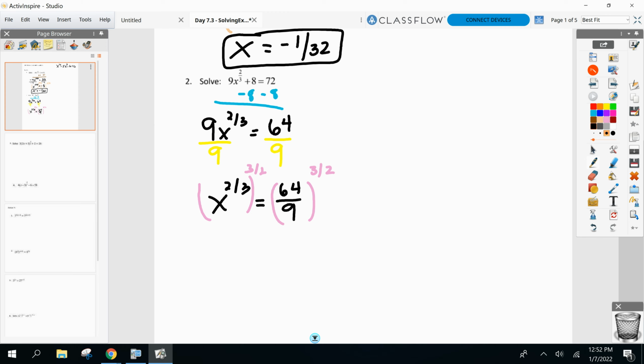Little alpha y equals. And I know it's not the prettiest, but if you stored it in for x and checked it, it would work. 512 over 27.